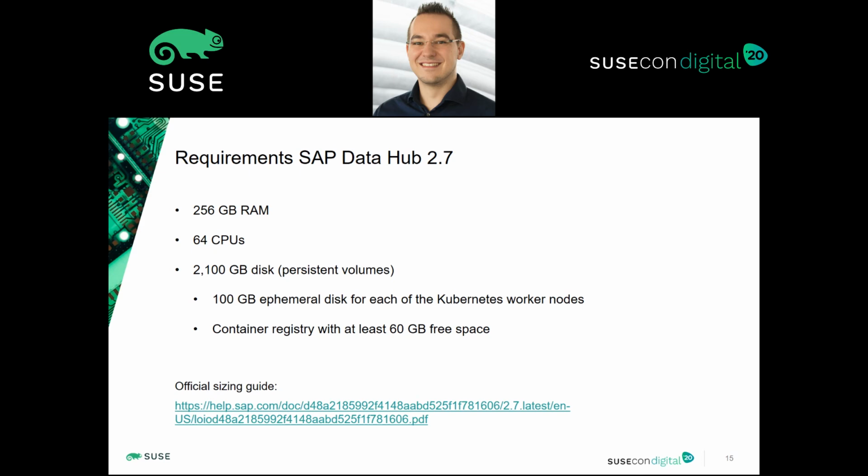And this also includes 100 gigabytes of ephemeral disk for each Kubernetes worker node, because it will need to pull the container images from SAP and deploy them then, of course. And you will need a container registry with at least 60 gigabytes free space as well to pull the images. And if you're more interested, you can have a closer look at the official sizing guide, which is mentioned below here.